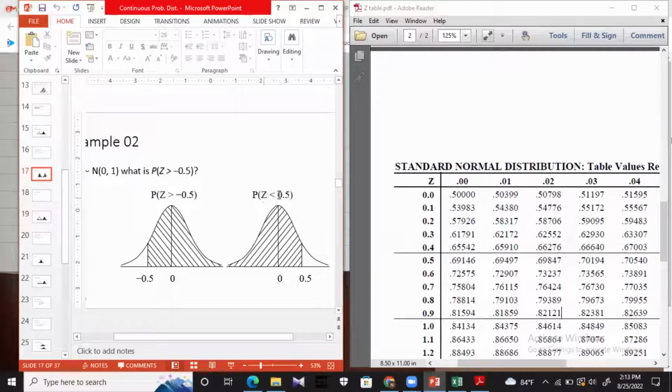Because probability table values represent area under the curve to the left of the Z value 0.5, no? Understand? Area to the left of the point 0.5. So what is that probability?